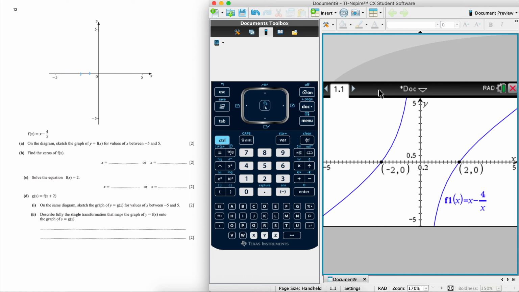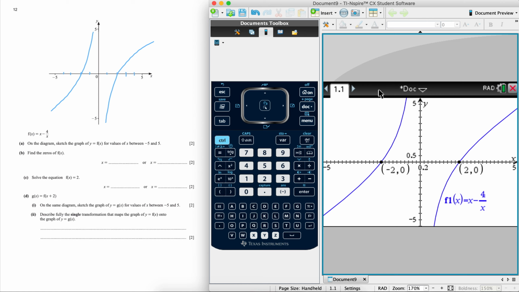So we want to roughly have that split into the 5 sections, something like that, and it crosses at -2 and 2. Okay, so something roughly like this.